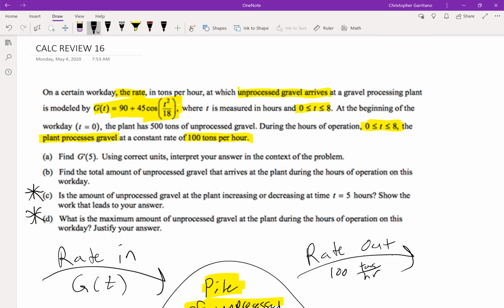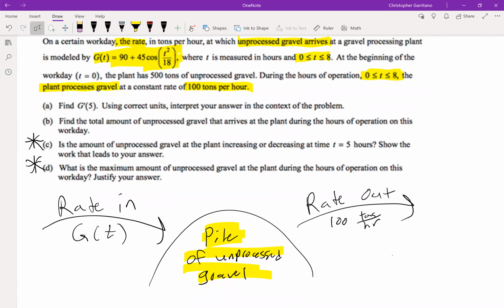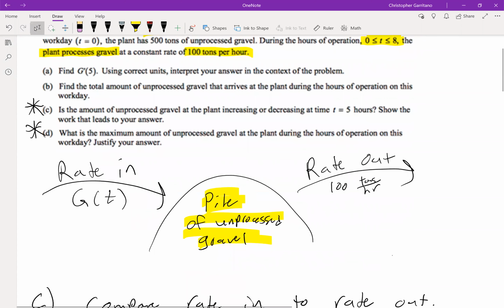All right, so in your questions, I noticed 1C and 1D came up a lot, so I'm going to go over those. Is the amount of unprocessed gravel at the plant increasing or decreasing? If you think of these problems again as just a pile of gravel that is either increasing or decreasing depending on rate in versus rate out, it makes it very clear that all you need to do to answer this question is compare the rate in at time 5 and the rate out at time 5.